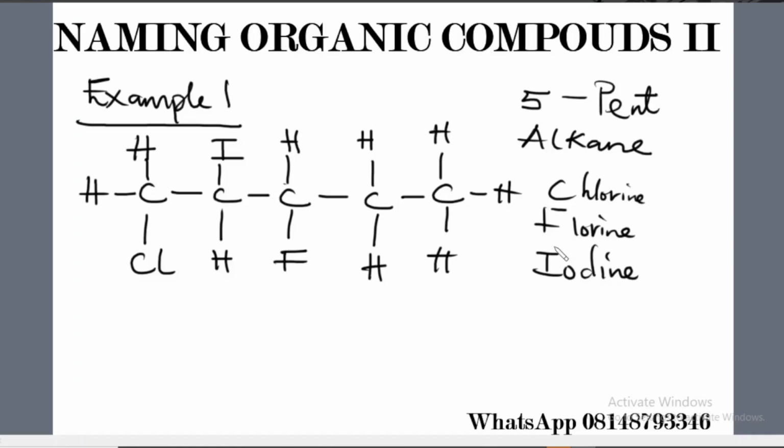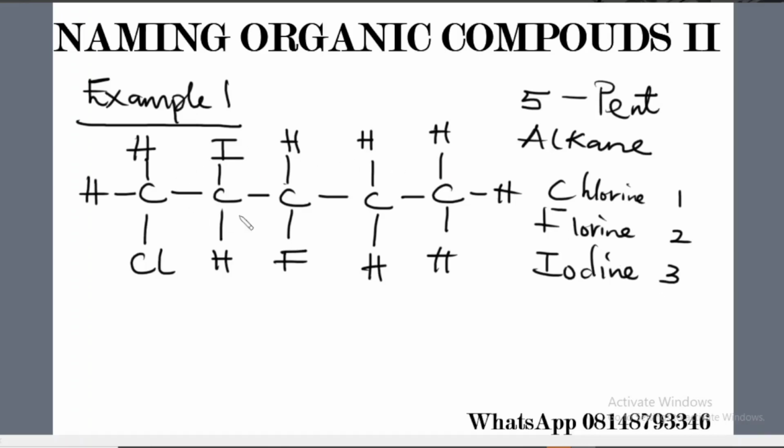Since we have 3 different substituents, we name the compound alphabetically. Now, C alphabetically comes before F, and F comes before I. So C is 1, F is 2, and I is 3.